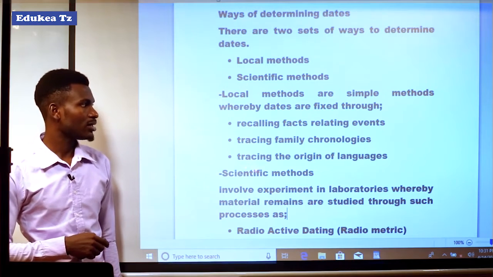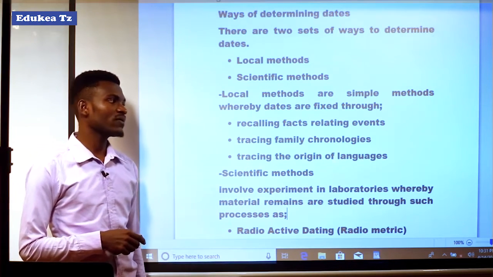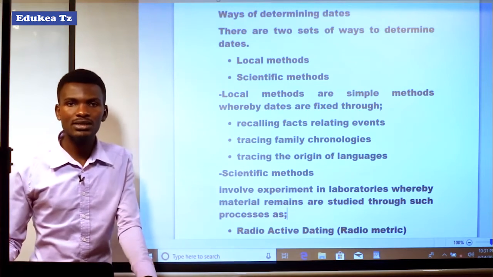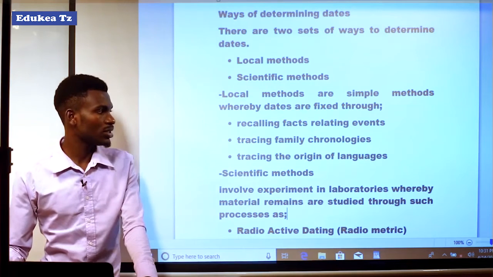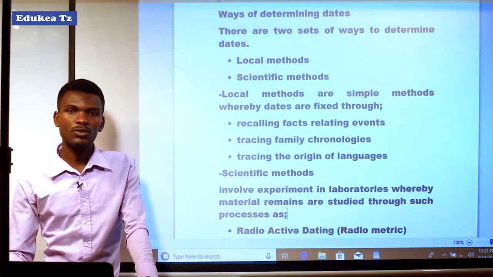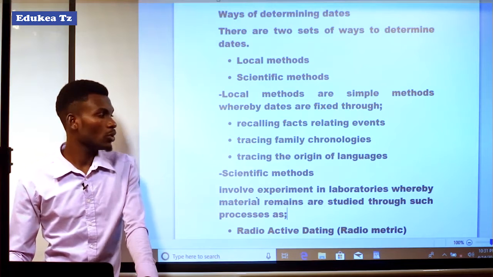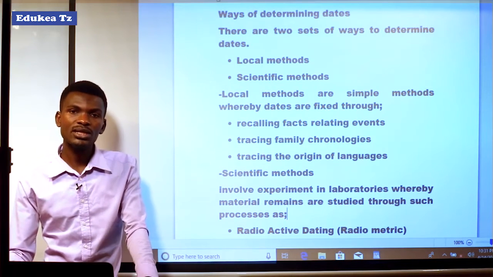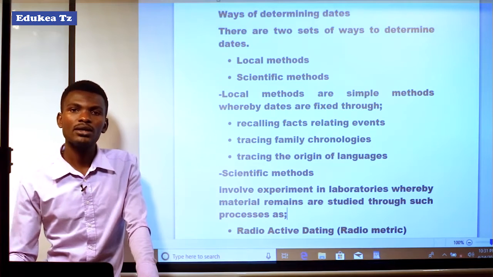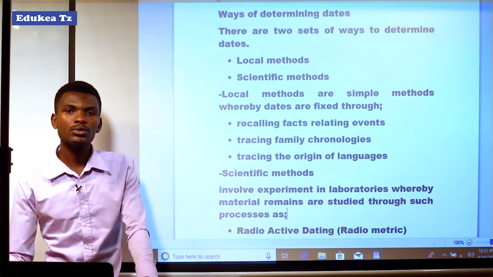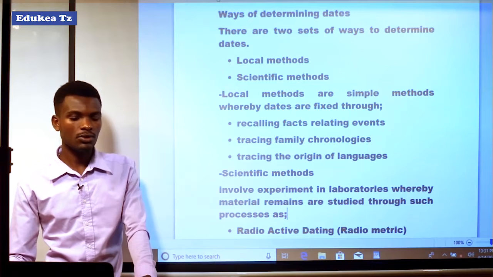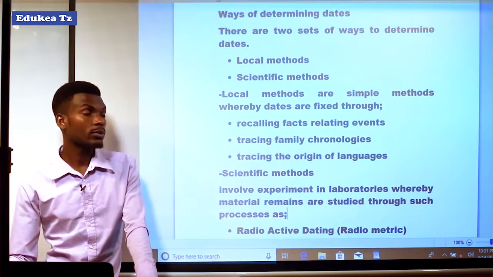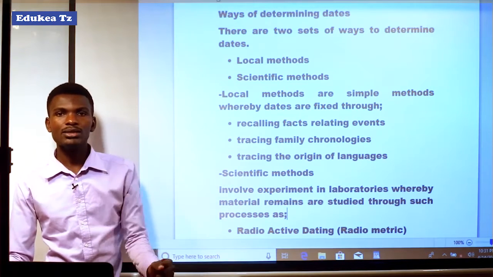Another is tracing the origin of language. It means that you may determine a time by tracing the origin of a language. Maybe the Swahili language originated from the contact of the external world with East Africa, or Africa with the external world.